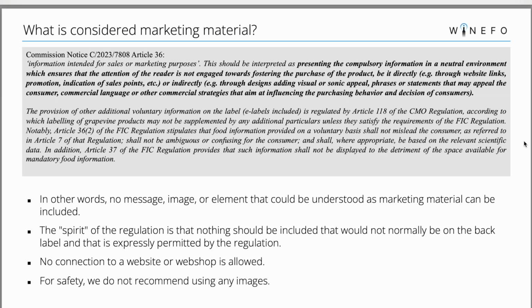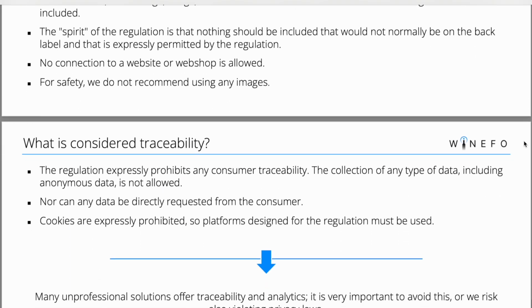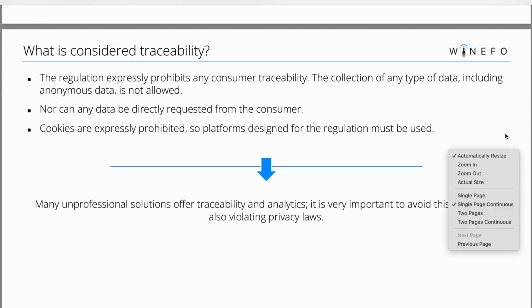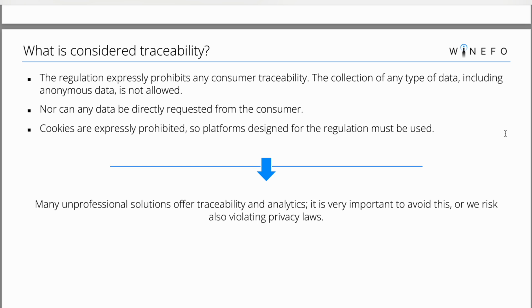So absolutely no connection to the website, no connection to a web shop, no outside links, no cookies, no analytics, etc. And to the question of traceability, which is the other one that's so important: we cannot save where the customers are accessing the information from. We cannot give you analytics on that.